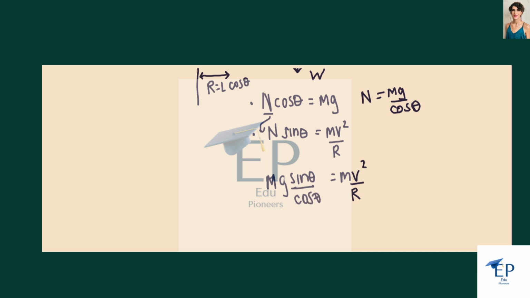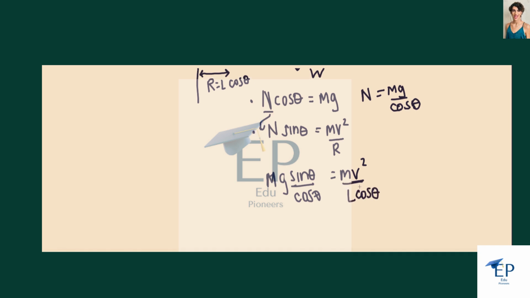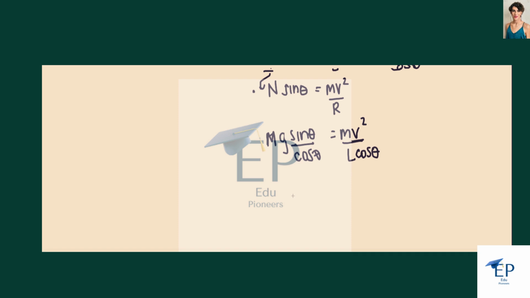So I'm going to sub in r equals L cosine theta. From this, you can cancel out the cosines, bring the L over, and you can also cancel the M's. So you get v equals the square root of L g times the sine of theta.